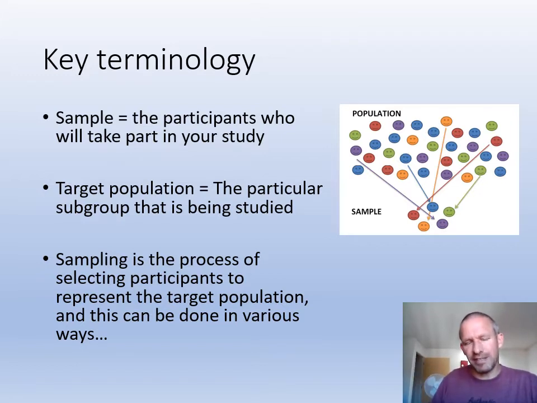That's going to be a recurring issue with some of these ones. If you want to generalize what you found in your study to the target population, the group that you're interested in, then you need to know that it represents that population. So make sure you've got those terms clear in your head. The sample is a group who do the study. That sample is taken from the target population.